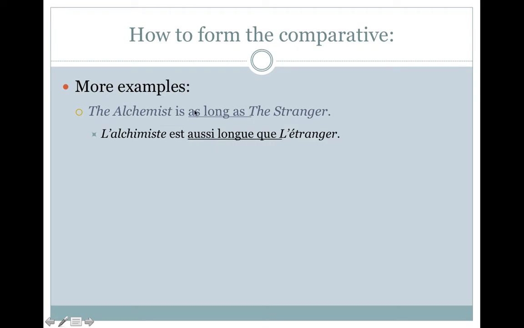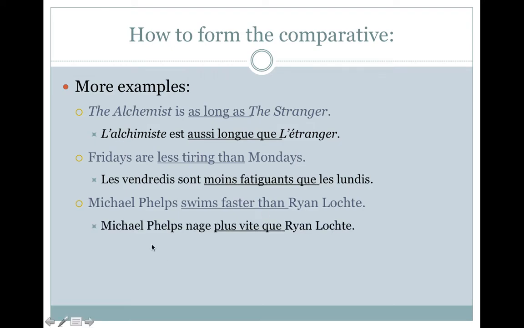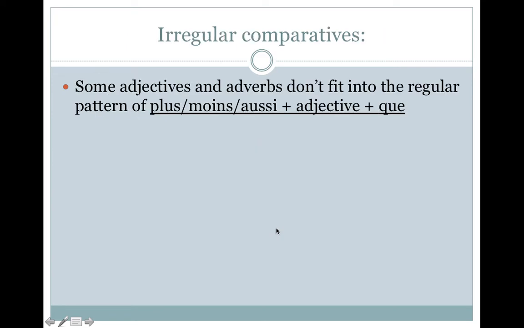So we have aussi for as, then we have our adjective, and then que right before our second comparison point. We have Fridays are less tiring than Mondays. Les vendredis sont moins fatigants que les lundis. Michael Phelps swims faster than Ryan Lochte. Michael Phelps nage plus vite que Ryan Lochte.